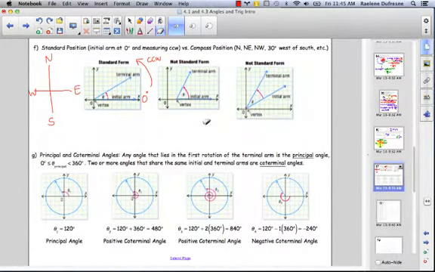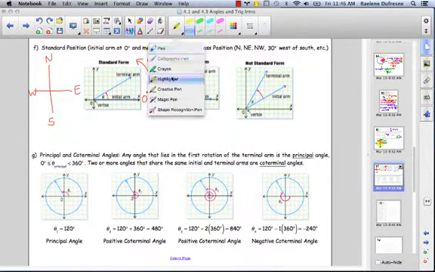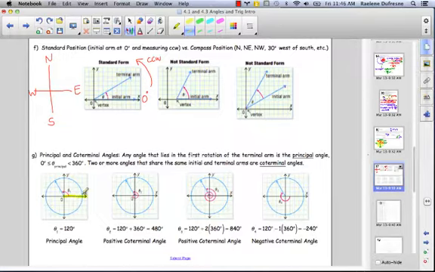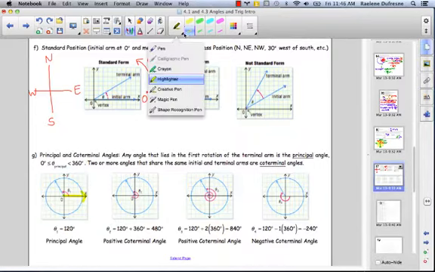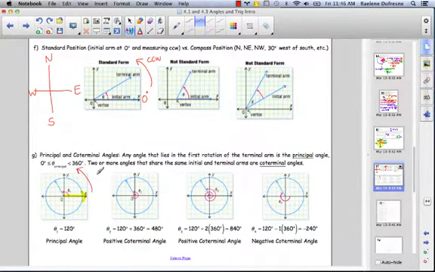Principal and coterminal angles. In these definitions, we will talk about any angle that lies in the first rotation of the terminal arm. That sounds confusing. All we're saying is if we start with an arm on the positive side of the x-axis at 0 degrees, where we begin standard position, and we measure in a positive direction, which is counterclockwise, then any angle that lies at any terminal or ending arm within the first revolution is called a principal angle.